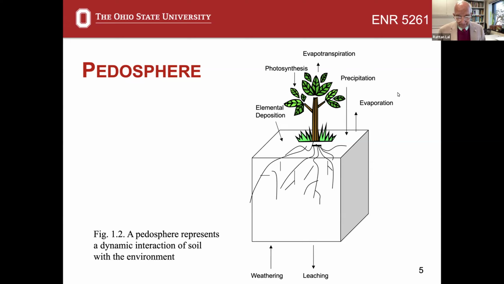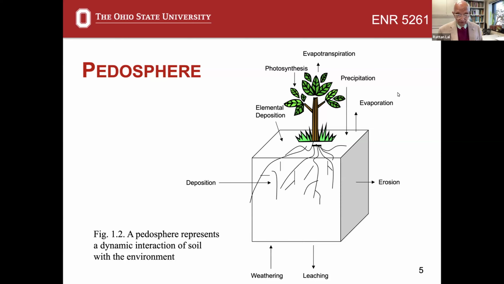And of course, we have weathering, which leads to the formation of new soil, and leaching of the nutrients, especially the elements and other material that we add into the soil, like fertilizer, herbicide, pesticide, which are leached into the groundwater. And this is a pedospheric representation and the dynamic action that happens of soil with the environment.